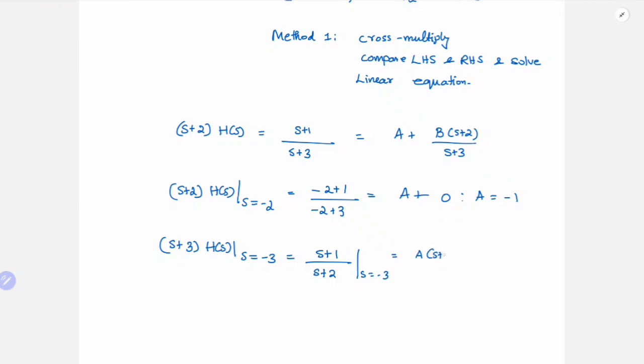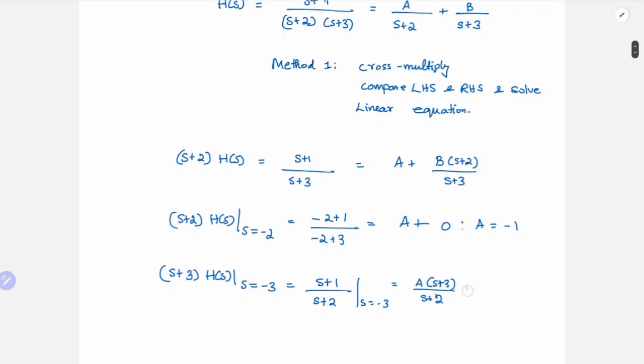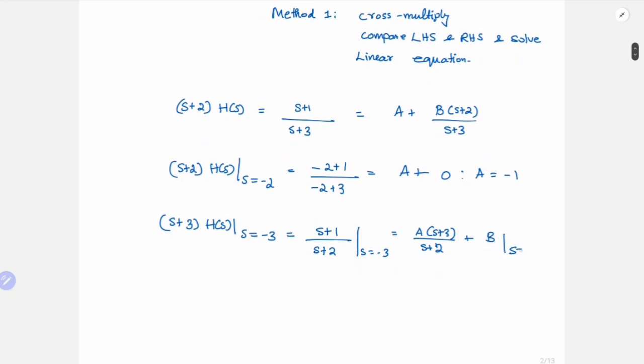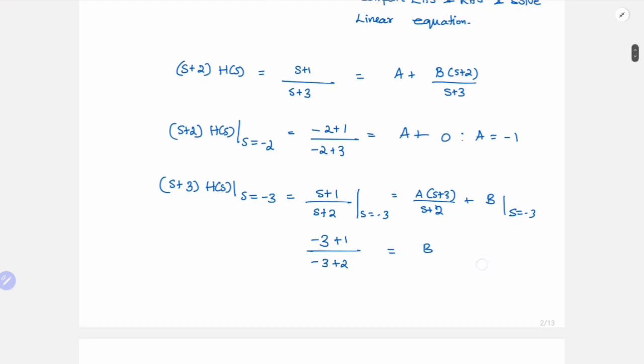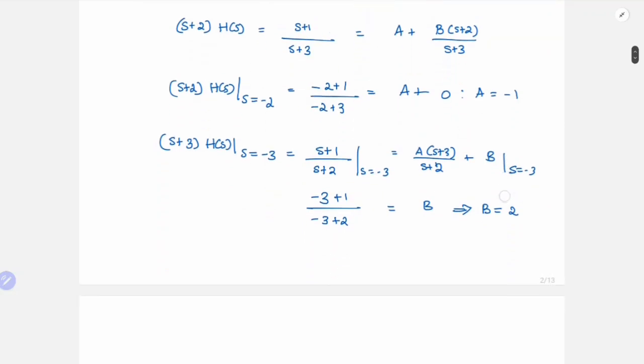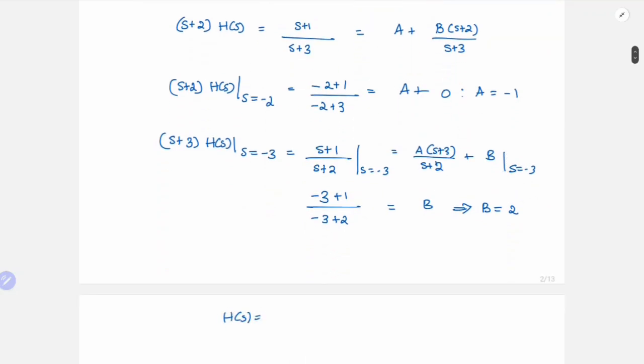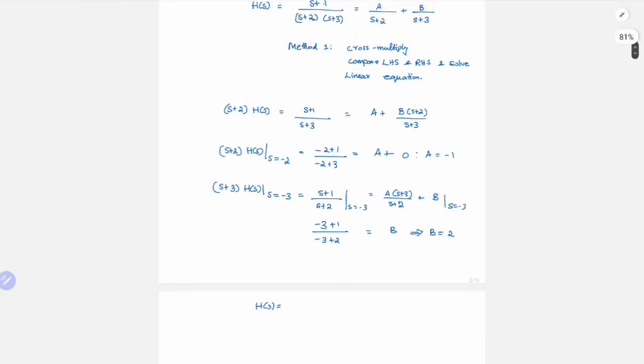So here you will have (-3+1)/(-3+2) is equal to B. So B is nothing but minus 2 by minus 1, so B is 2. So then your H(s) is nothing but minus 1 by s plus 2 plus 2 by s plus 3.